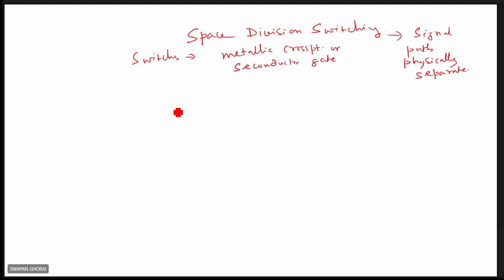Let us take an example, which is called a crossbar matrix with input-output full duplex lines.